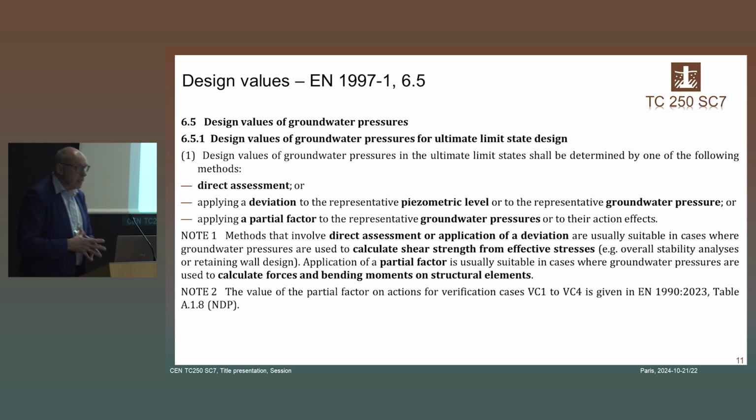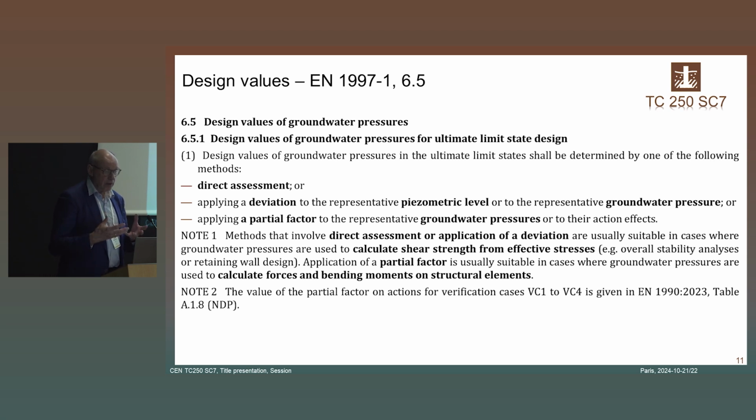And then we go to design values. So how do you have your problem, you have a representative value, but how do I get a design value? And according to the code, you can do that in 3 ways. You can take a direct assessment, for instance, when there is a dike and the water table cannot be higher than the top of the dike or the maximum of the surface. You can also say, well, I apply a deviation. I put a half meter on top of the representative value.